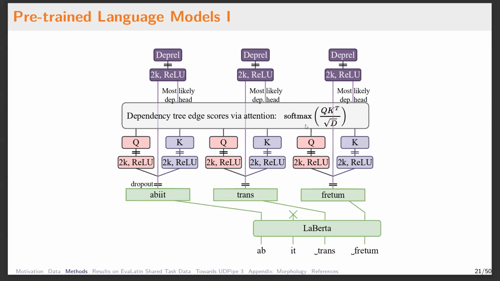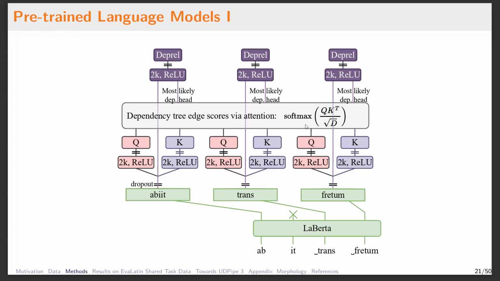So the figure is supposed to be read from the bottom to the top. So here we would have inputs, and up there are outputs. The exact input would be a sentence in this example, "abit transfratum". So imagine "abit transfratum" here. It apparently means he crossed the river in Latin. And before the tokens can even enter the BERT transformer, they have to be tokenized so that the tokens fit the tokens that the BERT expects.